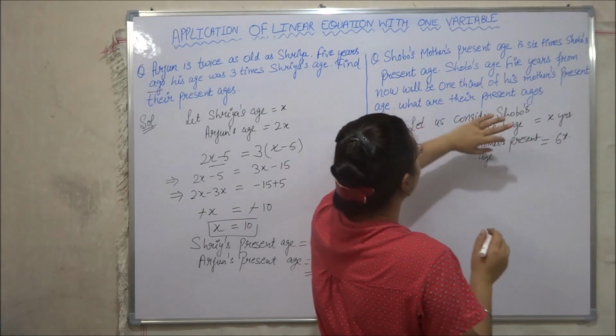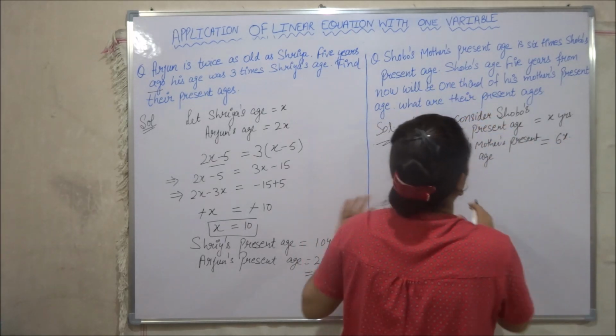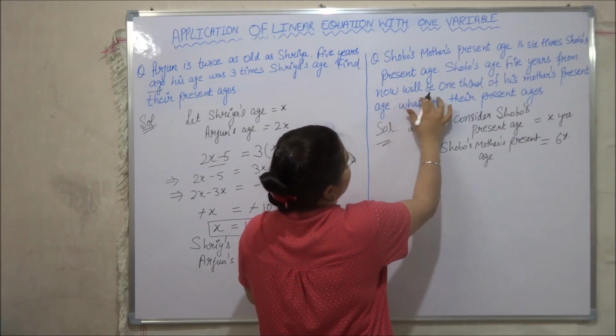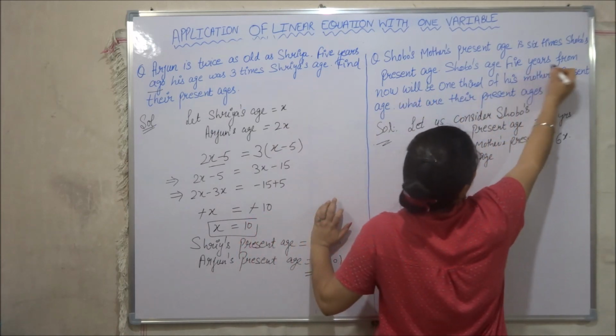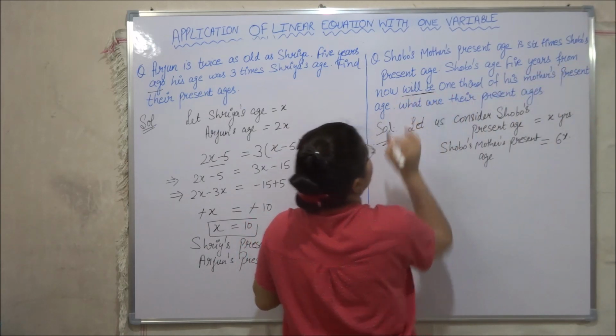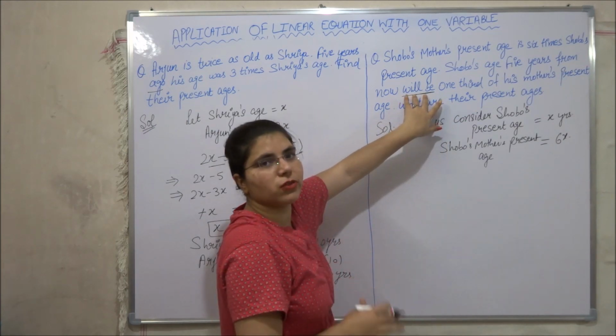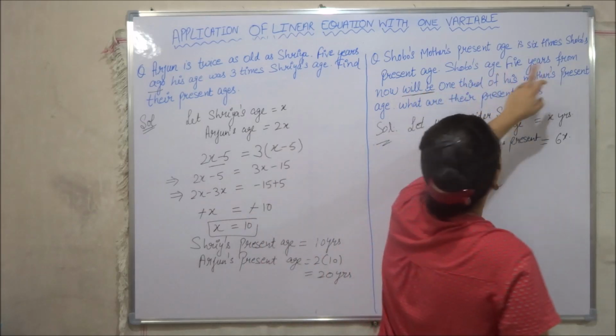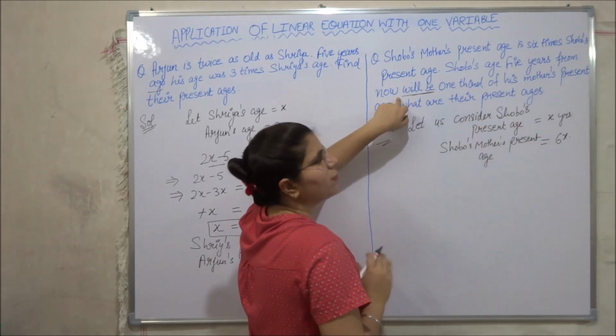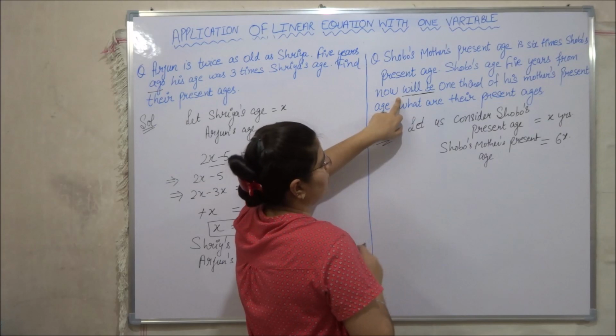Now 5 years from now, that means it is a case of future. So 5 years from now, that means we will add 5 to both of their ages.